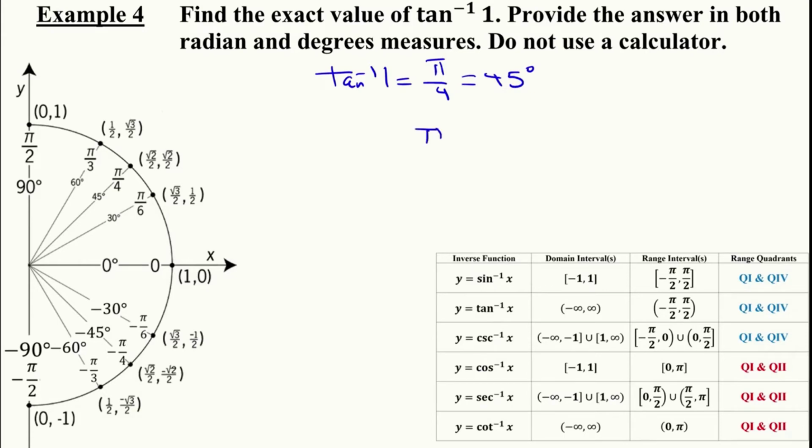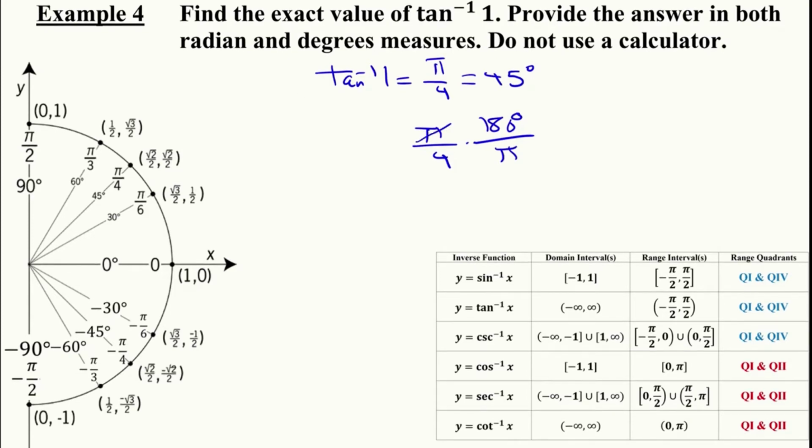In case you forgot how to convert those, you just go pi over 4 times, you're going to want degrees up here and radians here, so we use this unit factor because the top and bottom are basically representing the same quantity. These cancel out, and 180 over 4 is 45, so we get 45 degrees. All right, so that's how you do that one.